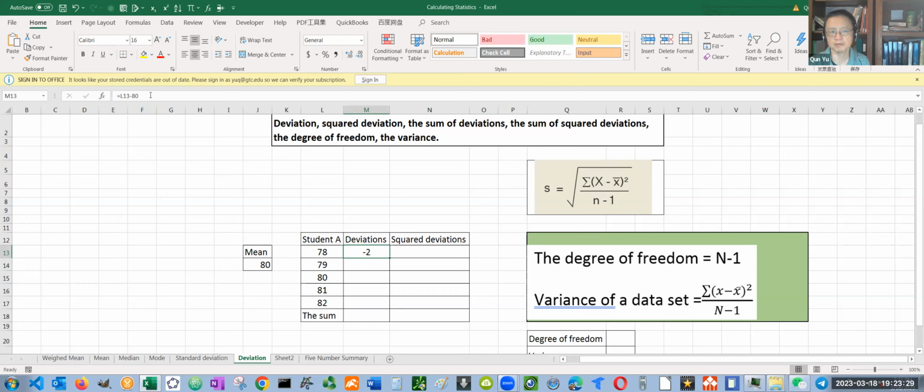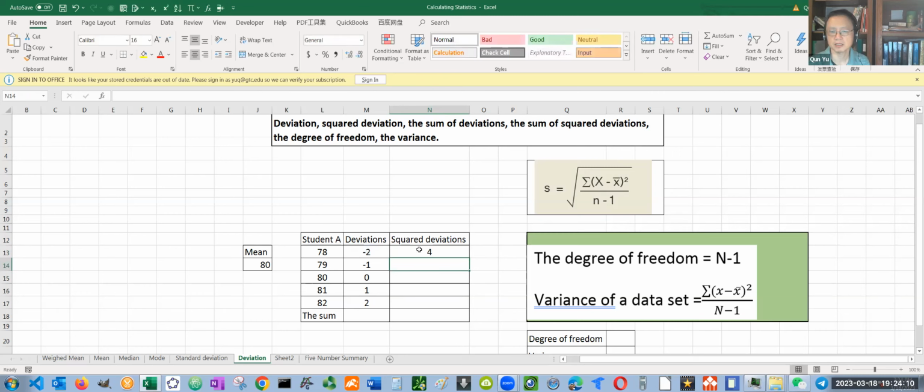Remember, when you square a number, no matter if it is a positive number or a negative number, the result is always positive or 0, never negative. So equals, click this number and square it, enter. Then we can just select the cell which contains the formula and do the same thing here. Drag it down. We get all of the squared versions of these deviations.